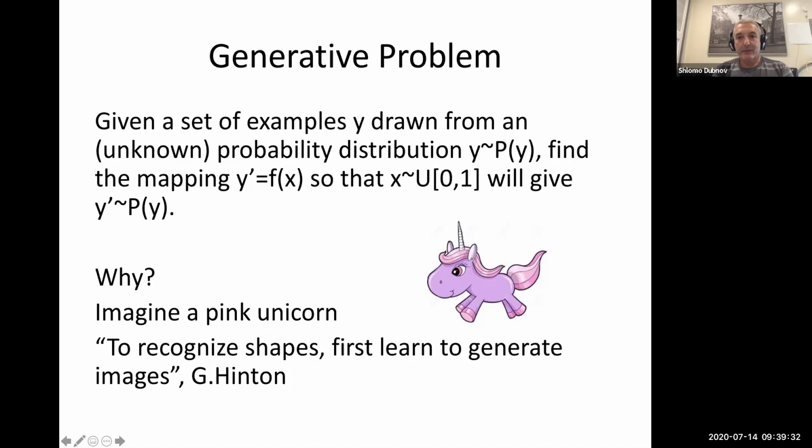This is why we keep a training set and a validation set. We don't want to overtrain. Really, we want to allow some noise that will introduce more options. So a pink unicorn, nobody has seen a pink unicorn, but you can imagine it because you know what a unicorn is.